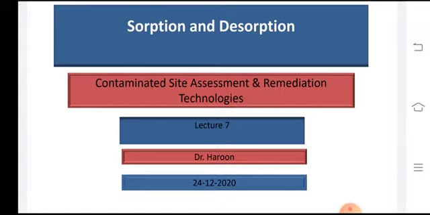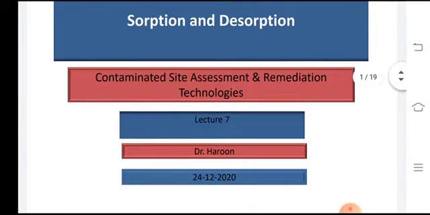In both cases, it will have an equilibrium with the concentration which initially entered into the soil volume. Therefore, we are more concerned with the equilibrium. That equilibrium must be maintained between these two phases, aqueous as well as solid.